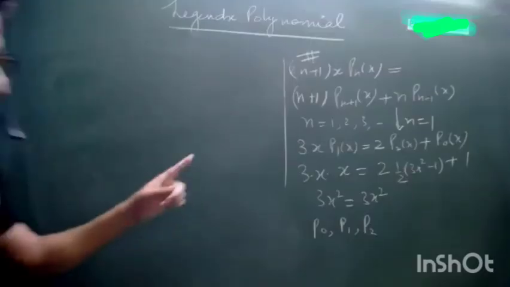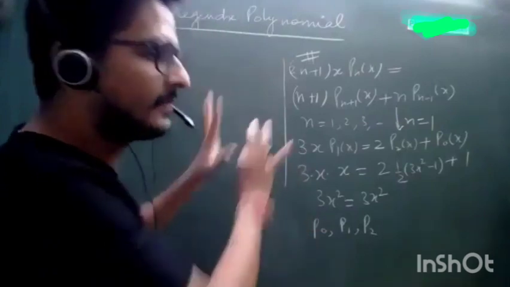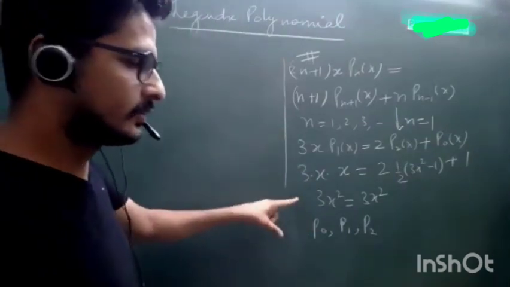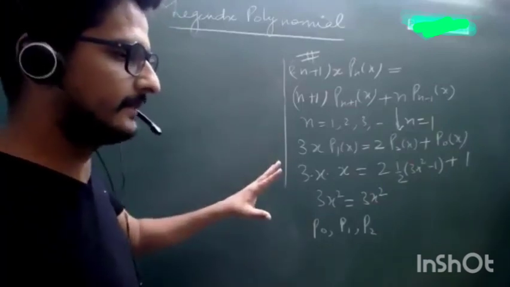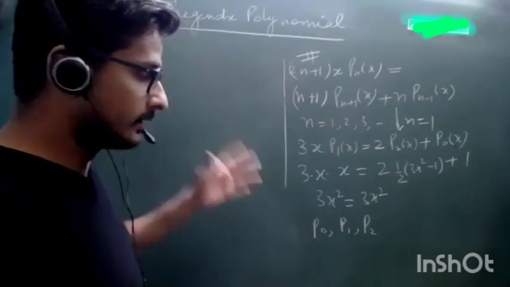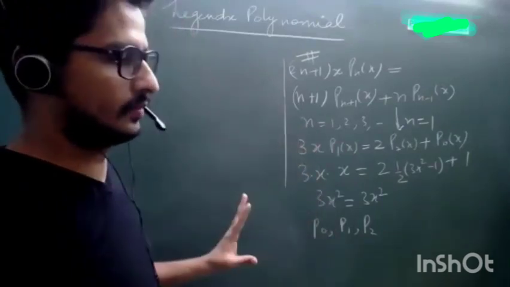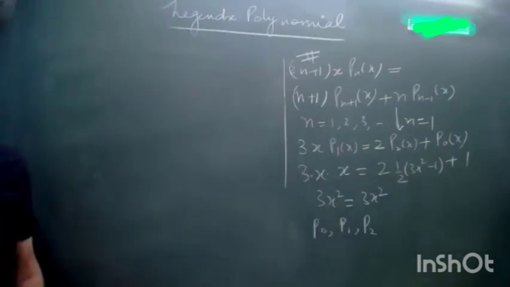So don't forget to check this. This question comes directly for 5 marks. It comes for 3.5 or 5 marks in an exam. So don't forget to check it. Even if you don't know, you have P0, P1 and P2, so you can check if that is following.